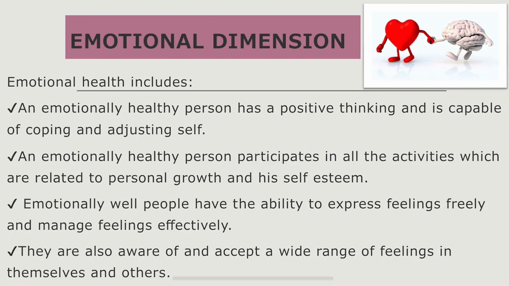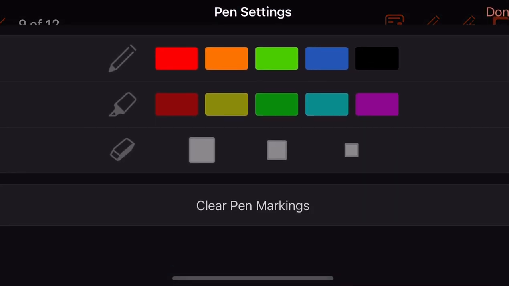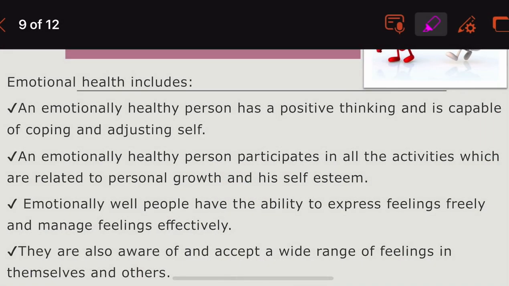Now let us start assessing ourselves again. Another test for ourselves. Physically we saw if we are fit, then we saw mental health. Now let us assess how fit we are emotionally. An emotionally healthy person has positive thinking. He is capable of coping and adjusting himself. How positively do we think?